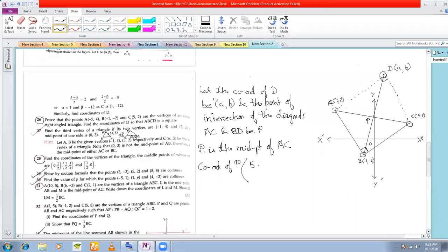Coordinates of P should be minus 5 plus 5 divided by 2, and 4 plus 2 divided by 2. The coordinates of A are given to be minus 5, 4. So P is (0, 3).